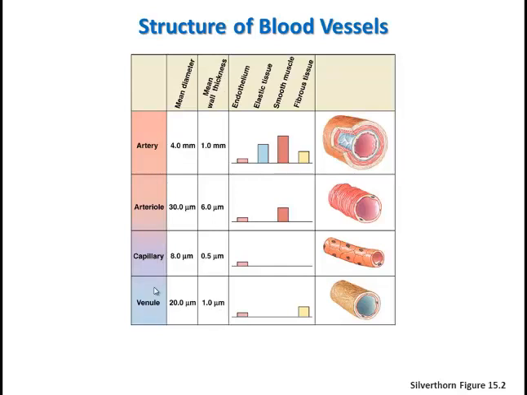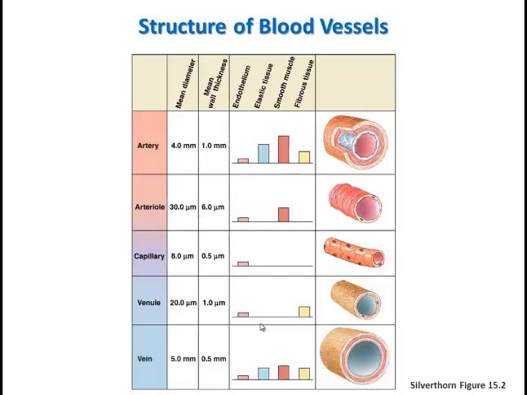And if you look at the venules, certainly compared to the arterioles, you notice that the wall is much thinner, and there's a little bit of fibrous tissue, and you notice no elastic or smooth muscle tissue. Now, as you get to the end portions of the venules, you'll start to see a little bit of smooth muscle start to appear and a little bit more elastic tissue, and ultimately those will lead to veins.